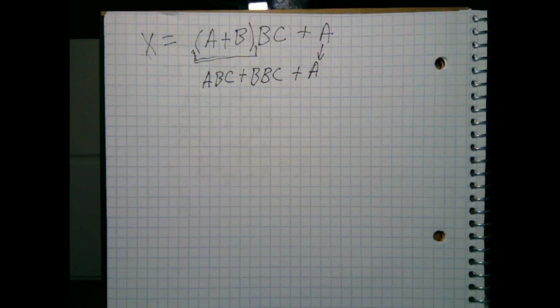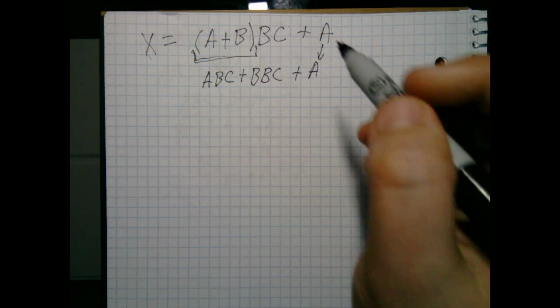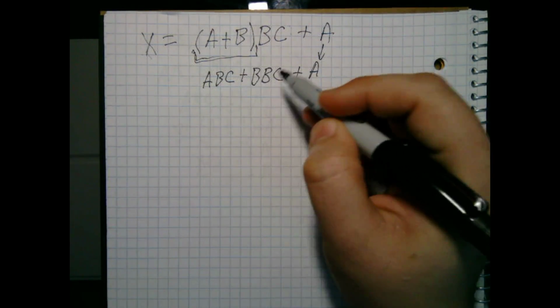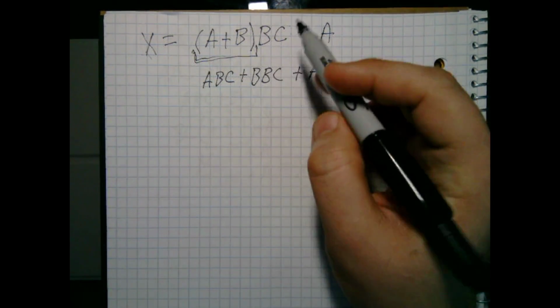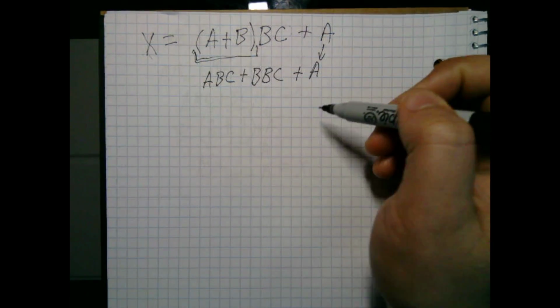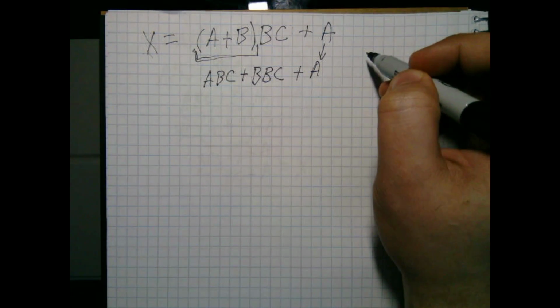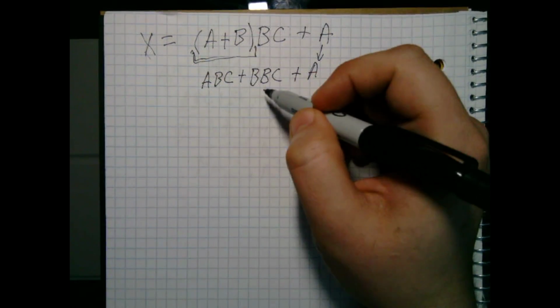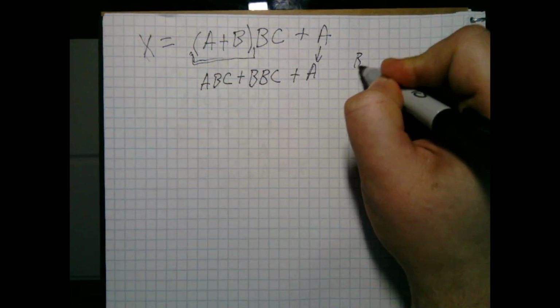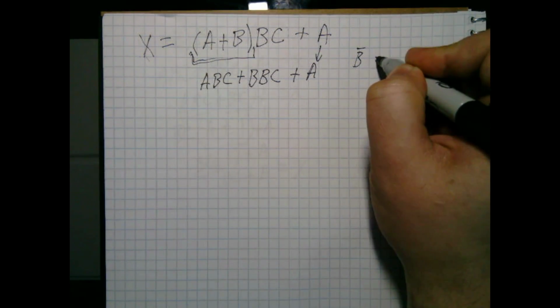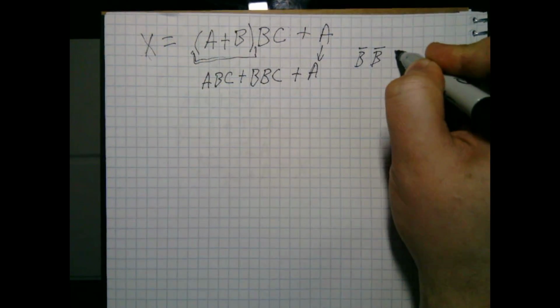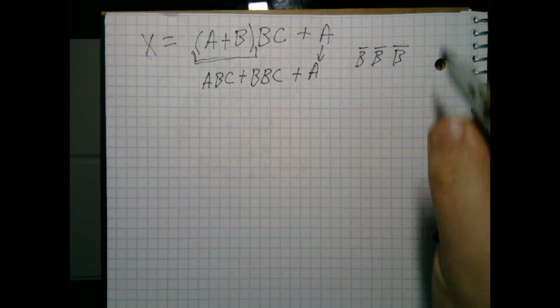The next thing I would notice is double letters. Those always stand out to me because it's so easy to simplify them. You see two of the same letters next to each other, that's a big red flag. It doesn't have to be two regular old B's. It could be not B, ANDed with not B, ANDed with not B again.